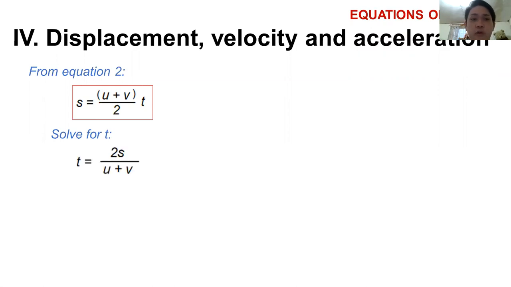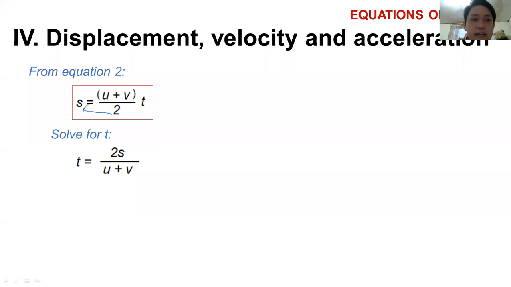Let's recall that equation 2 is S is equal to U plus V all over 2 times T. And then if we solve for your T, you have T equals 2S over U plus V. Where did we get it?